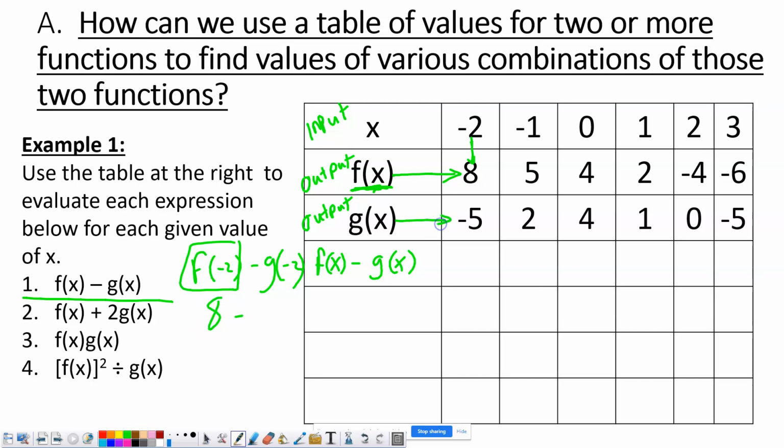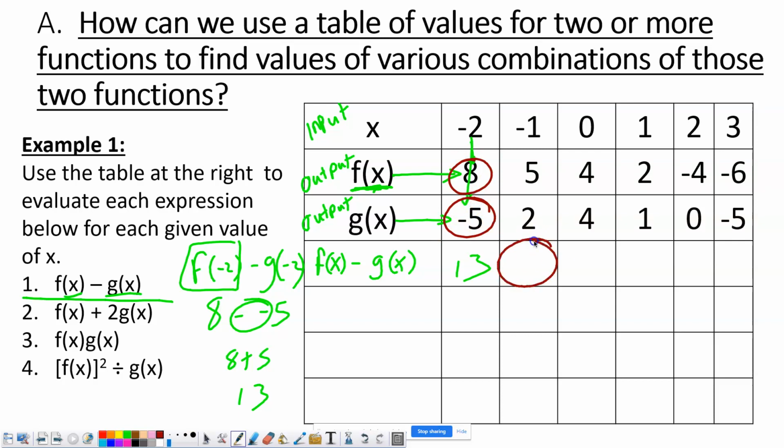Well, g of -2 is -5. And so we have 8 minus a -5, which is 8 plus 5, which is 13. Now, you don't need to show all this work. It's really quite simple. It's f minus g, right? So all we're doing is we're taking the f and subtracting from it the g. So 8 minus a -5 is 13.